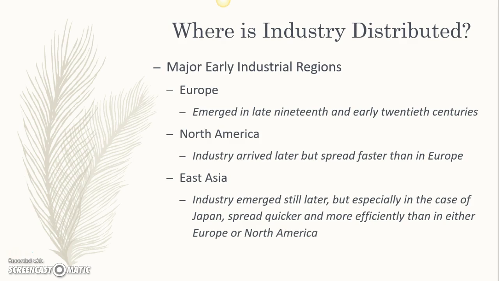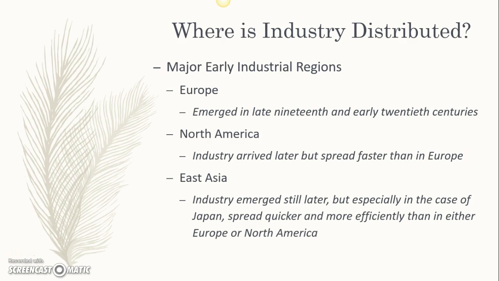Okay, so now we talk about where is industry located. We have to talk about where it develops early on, right? In Europe, those major early industrial regions develop in the late 19th, early 20th centuries, when they really are going hardcore.